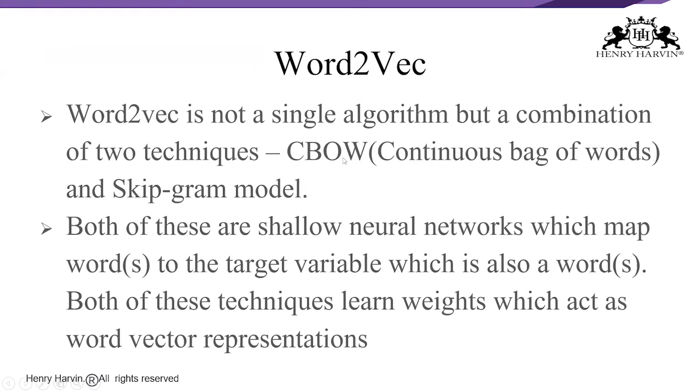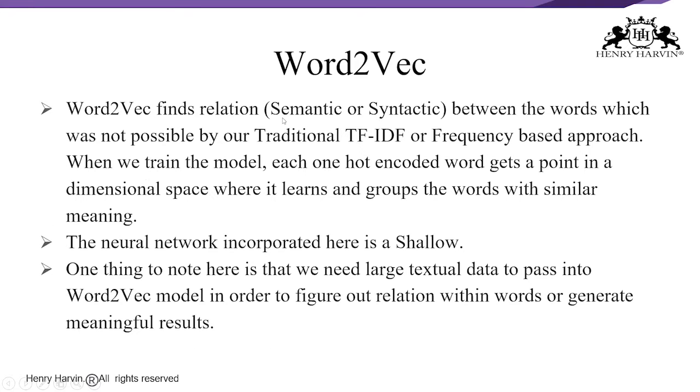Both of these techniques learn weights which act as word vector representations. Basically, it tries to find a relation, which could be semantic or syntactic, between the words, which was not possible with our traditional TF-IDF or frequency based approach.